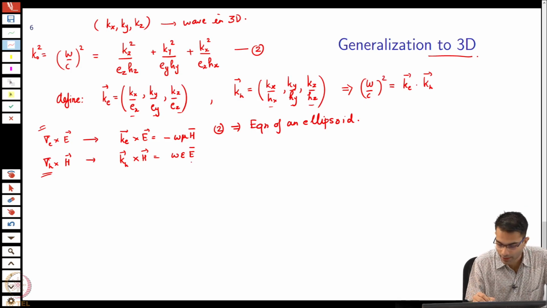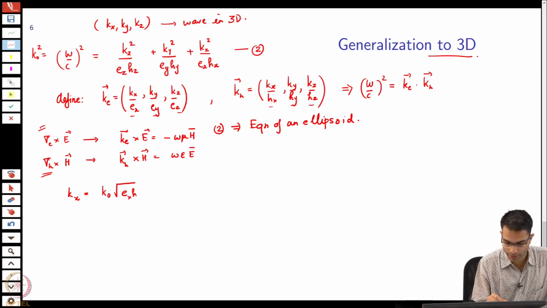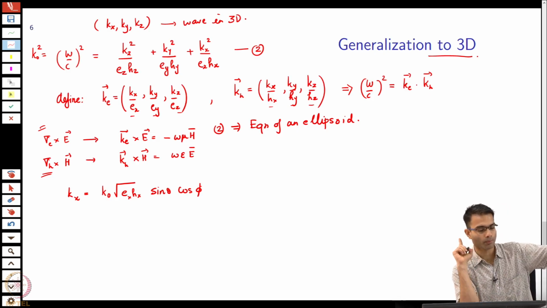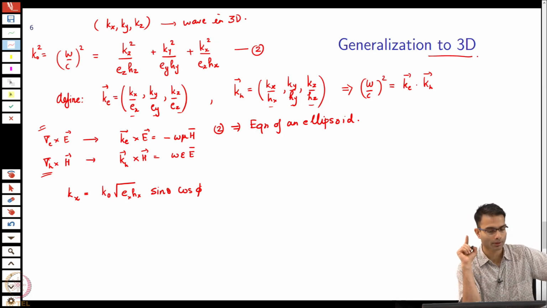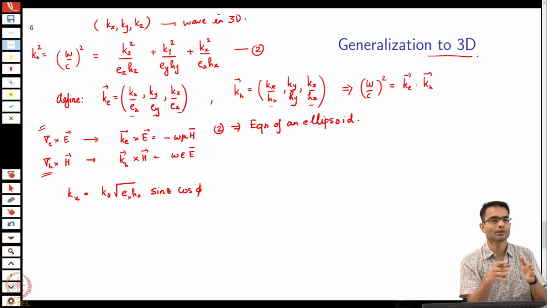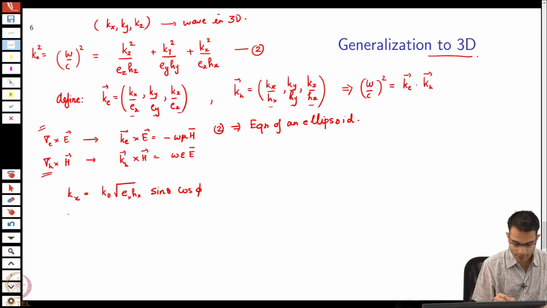So, I can write Kx as K naught square root of Ex Hx sin theta cos phi. The right hand side is my omega by c whole squared, which I am calling K naught squared, and square root of Ex Hx is like the length of the semi-major axis, and then sin theta cos phi.